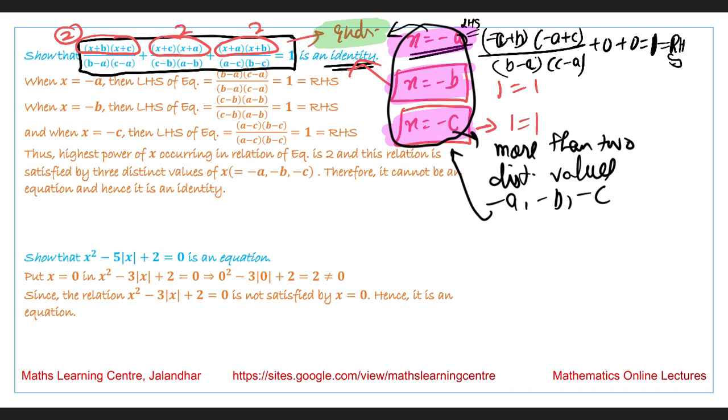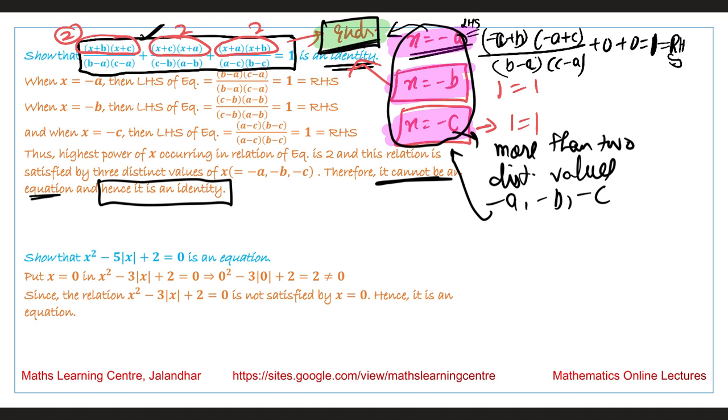So we are saying that this cannot be an equation, it is an identity. Suppose it is an equation, then it must be a quadratic equation.